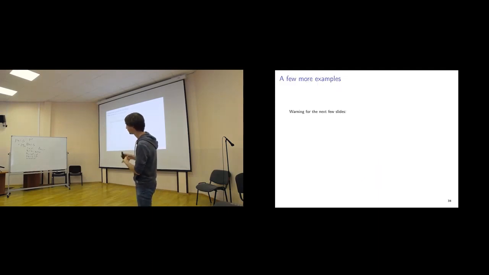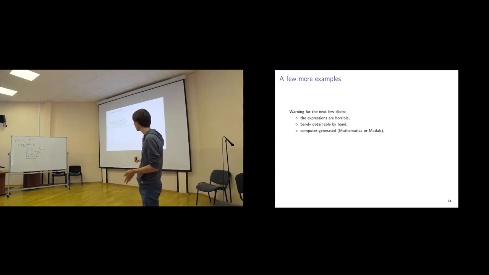For the next few slides, I will show you convergence guarantees that are totally computer generated. I just want to warn you that the expressions are really horrible and quite difficult to parse, but I give them as examples. I strongly believe that no one could have obtained them by hand. They were totally computer generated, using MATLAB and Mathematica.